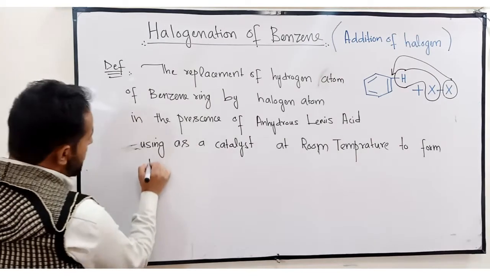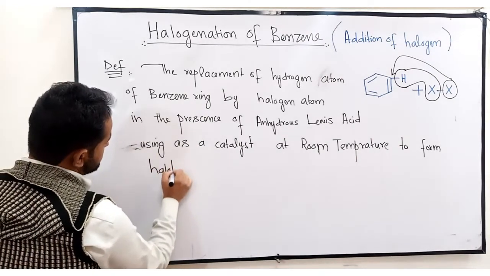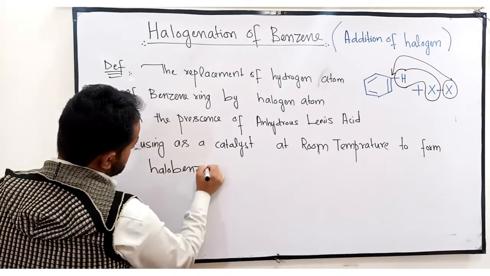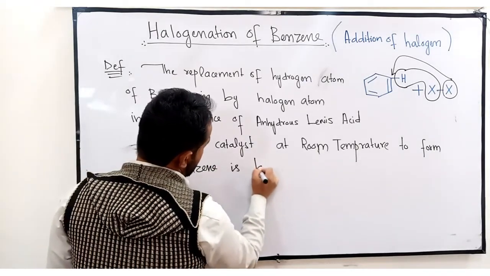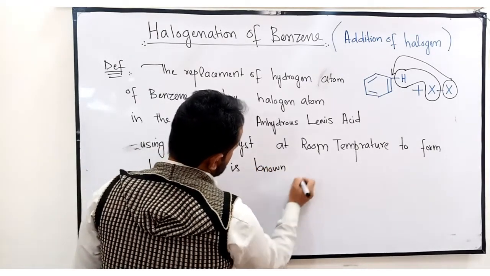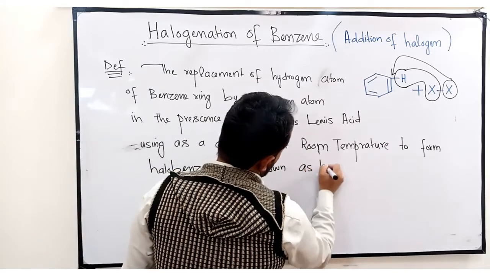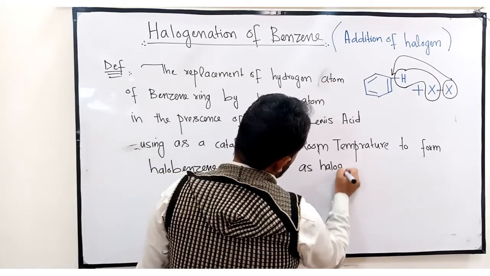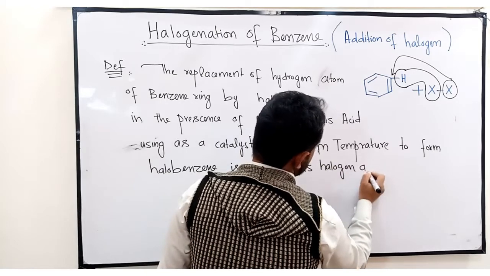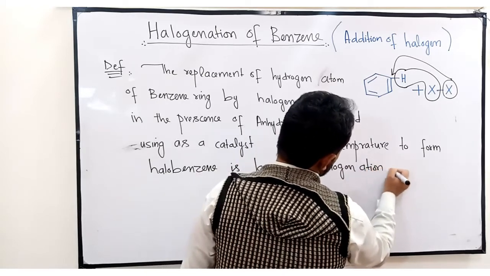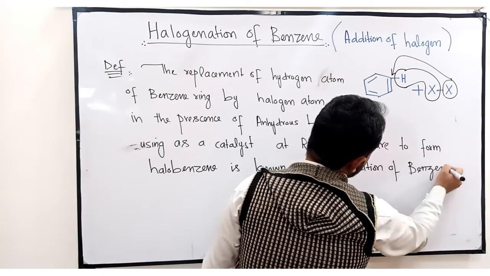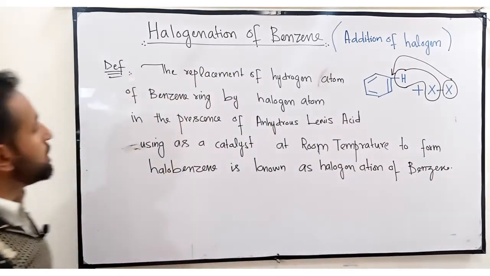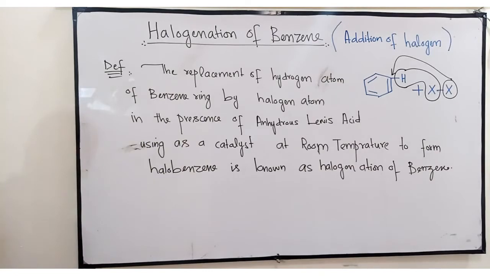To form halobenzene is known as halogenation of benzene. This is the general definition of halogenation of benzene.